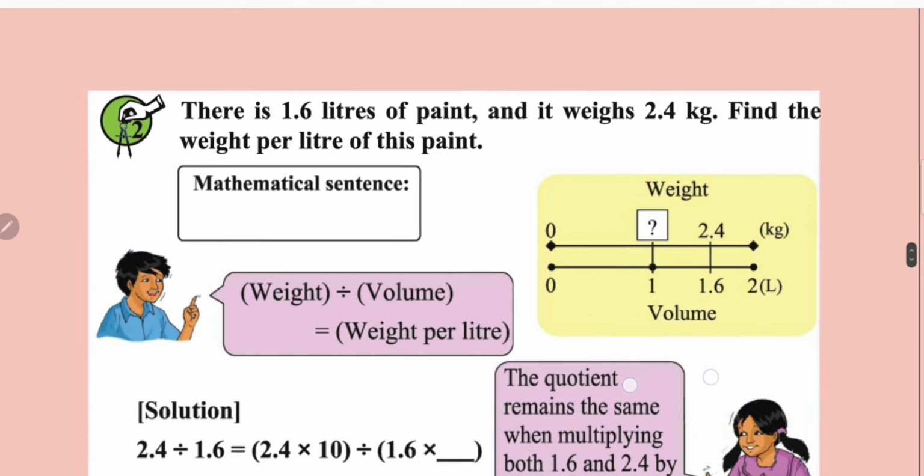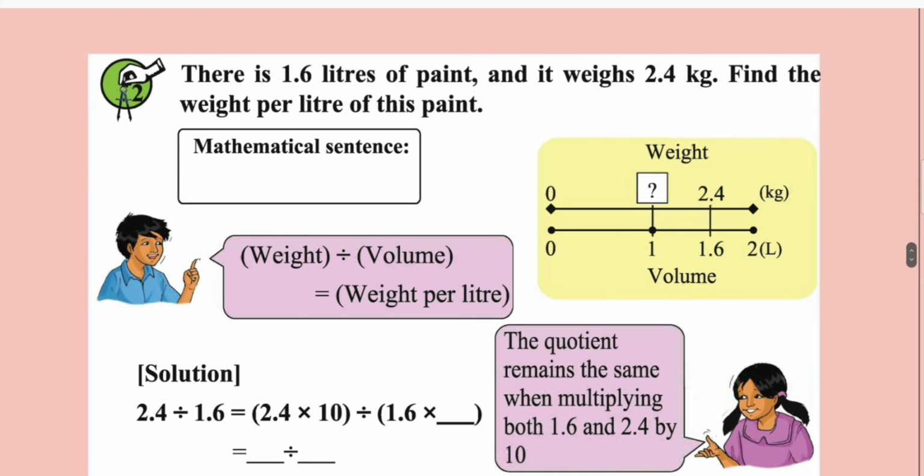There is 1.6 liters of paint and it weighs 2.4 kg. Find the weight per liter of this paint.